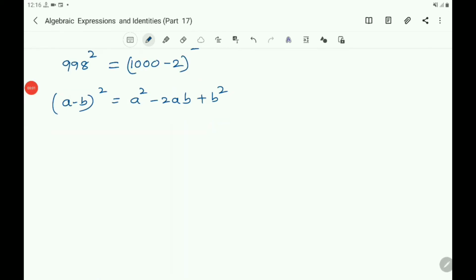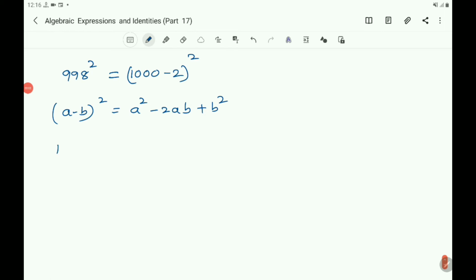Then 1000 minus 2 whole square equals a square, 1000 square, minus 2 into 1000 into 2, plus b square, which is 2 square. In the place of a, 1000 is there, and in the place of b, 2 is there.